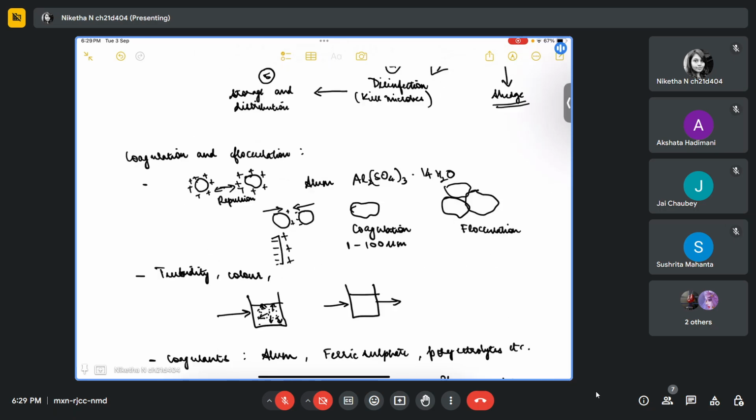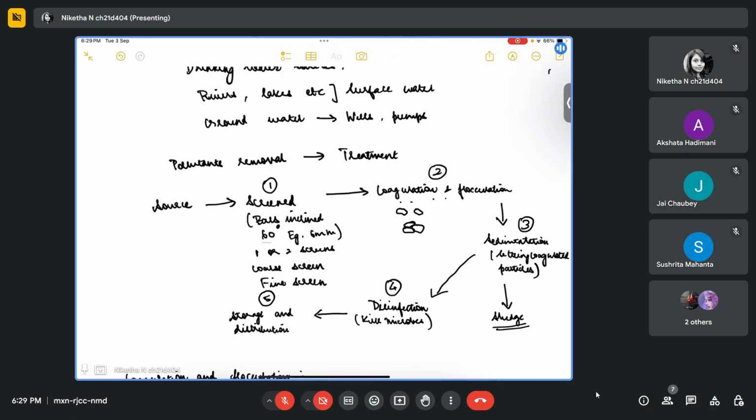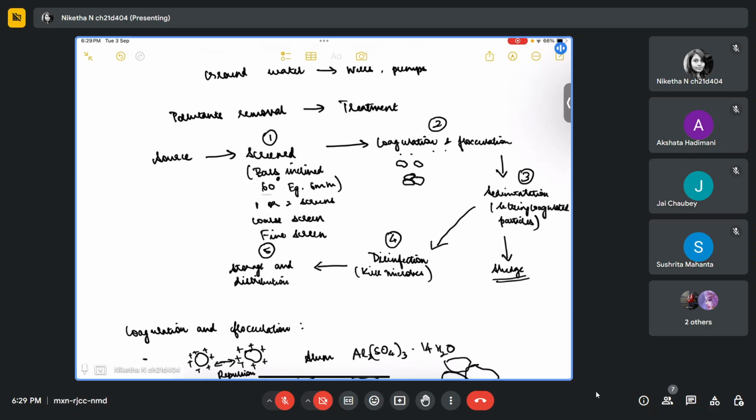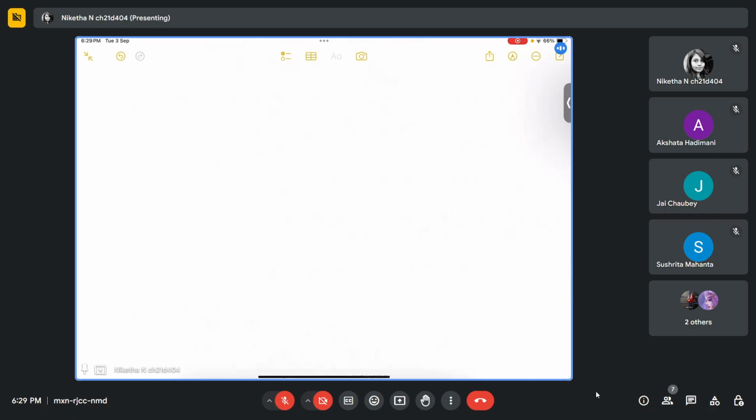Okay, so then we have seen screening and coagulation. Let's come to sedimentation or settling. Settling is done to remove any heavy particles which are still present.